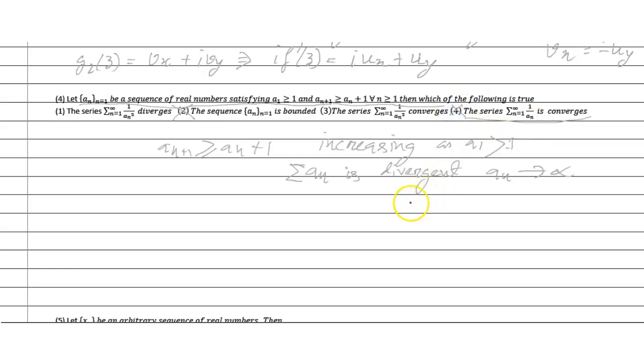How? Because suppose a_n equals n, then it is not possible that the sum of 1 by n is divergent. So this is not possible. According to the question, a(n+1) is greater than or equal to a_n, must remember friends, greater than a_n.